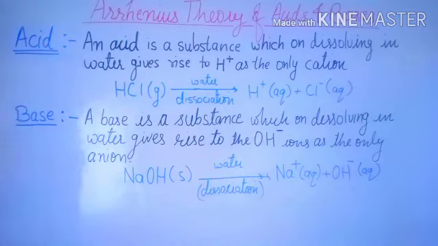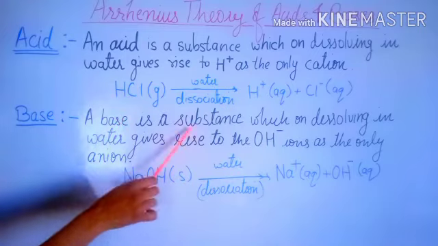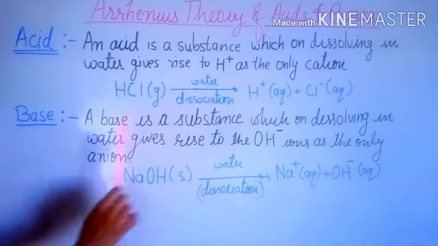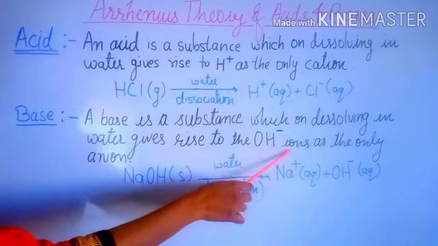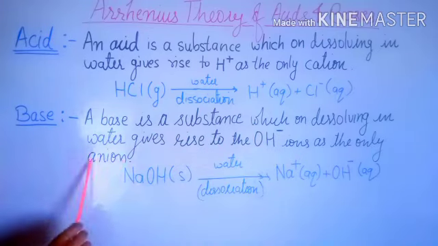Now, according to the same theory, what are the bases? A base is a substance which on dissolving in water gives rise to OH minus ion as the only anion.